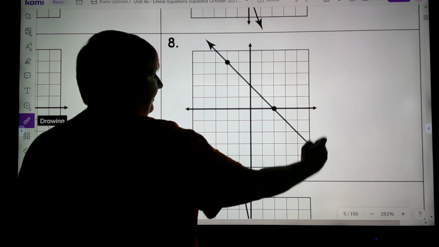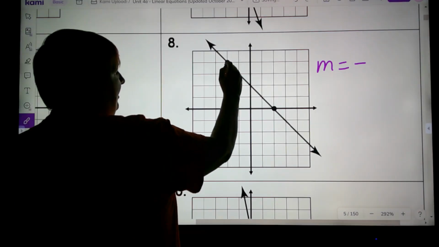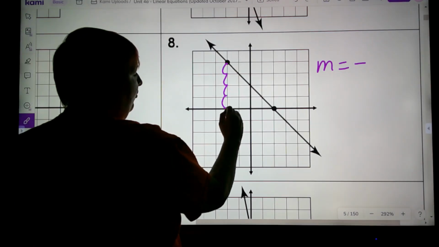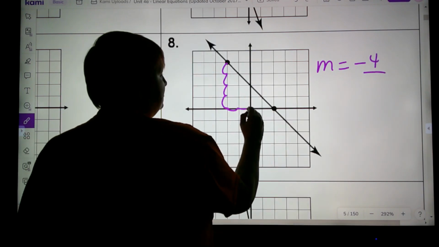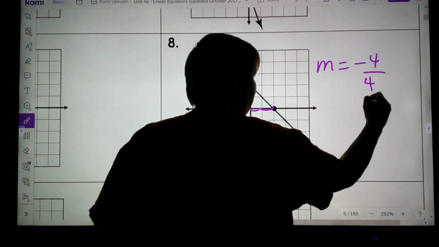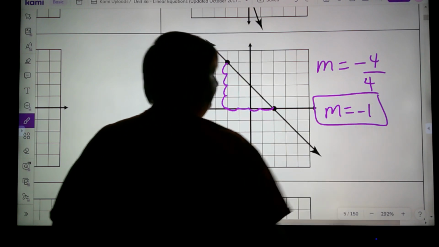Again, negative slope. So m has to be negative. And then we went down 1, 2, 3, 4. We went down 4 and right 1, 2, 3, 4. Simplified, slope is negative 1.